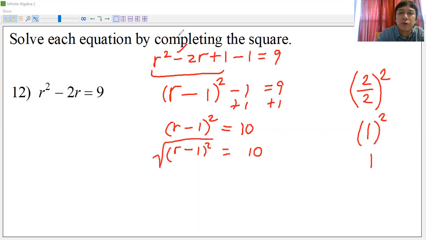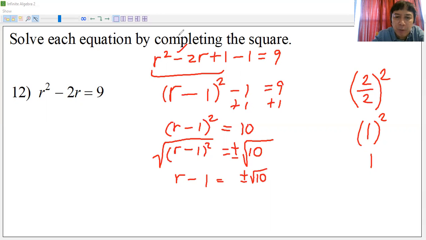We get the square root, and this is plus or minus. The left side will just be r minus 1, and the right is plus or minus square root of 10. At this point, we shall add 1 to both sides.